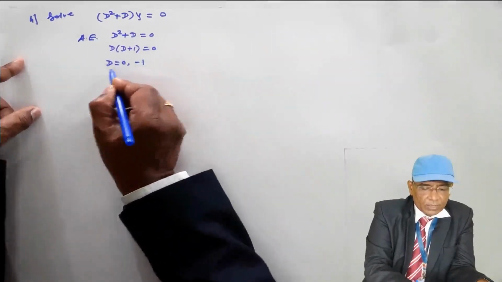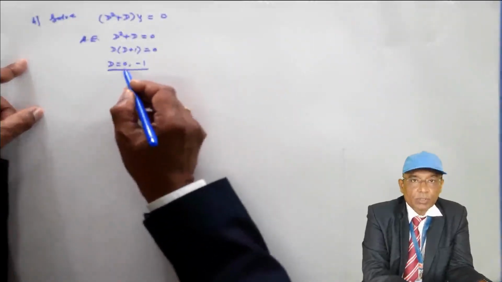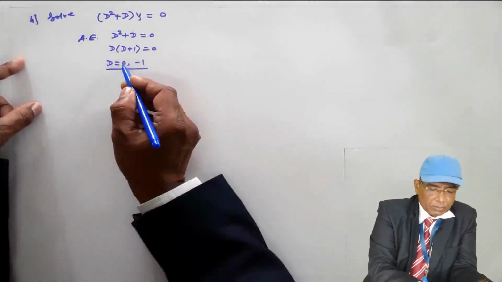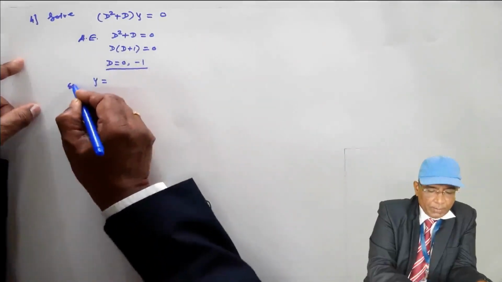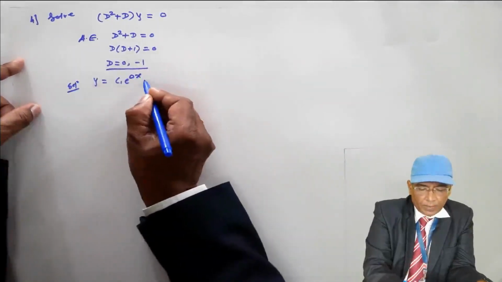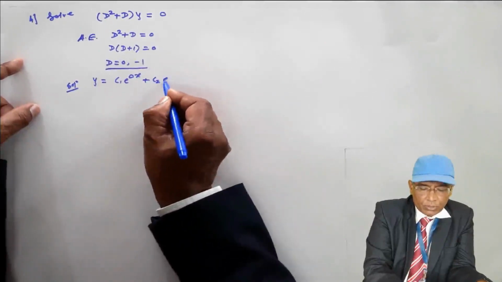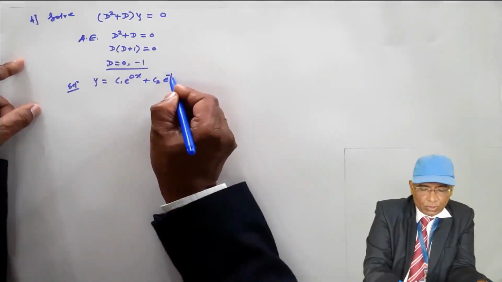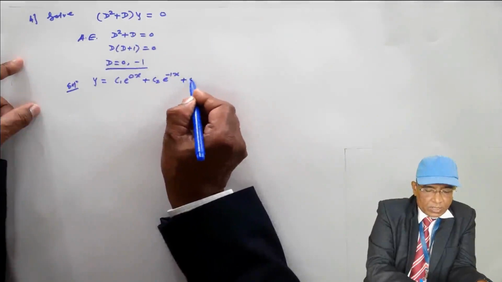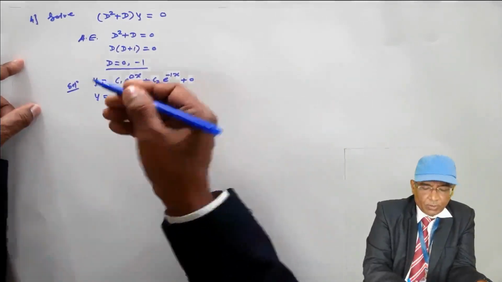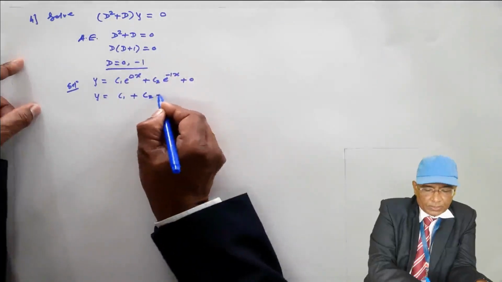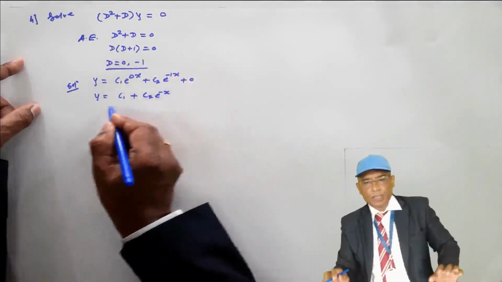Then what is the complementary factor? c1 e to the power 0x plus c2 e to the power minus x. Writing directly, the solution y is equal to complementary factor plus particular integral. What is the particular integral? 0. Therefore, y equals c1 e to the power 0, which is 1, plus c2 e to the power minus x. This is the solution to the differential equation.